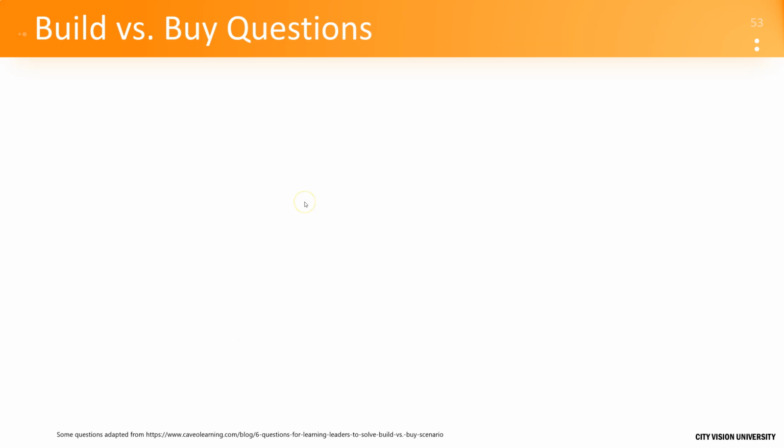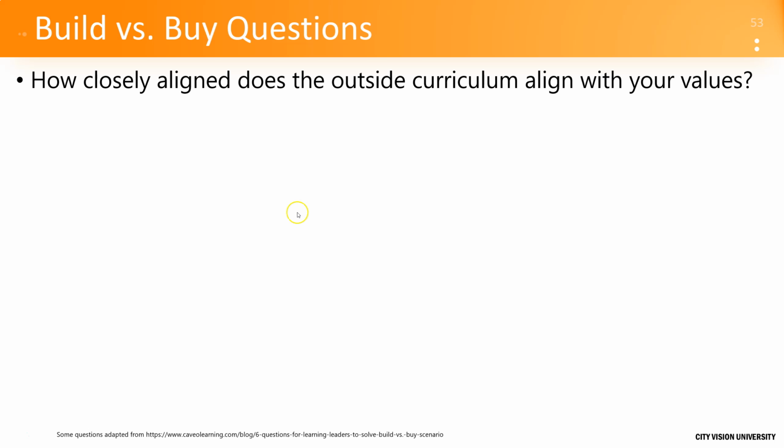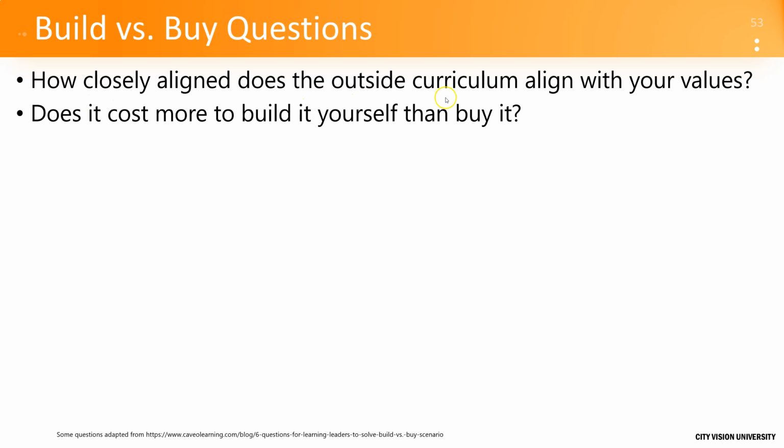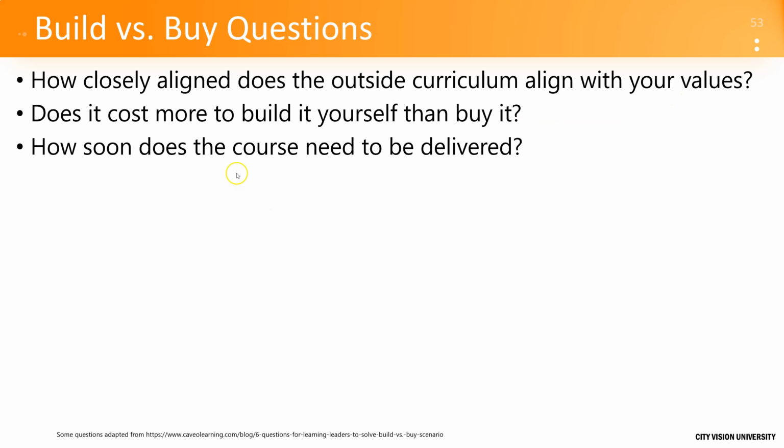Now, here are some build versus buy questions to consider. How closely does the outside curriculum align with your values? Does it cost more to build it yourself than to buy it? It may cost more to build it yourself, but you need that values alignment. How soon does the course need to be delivered?